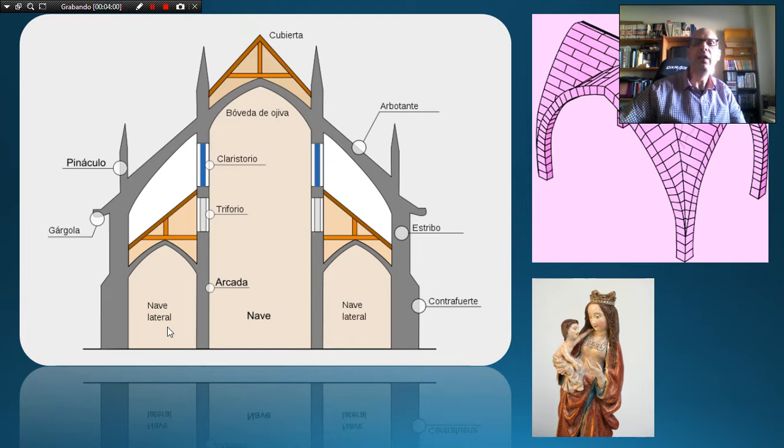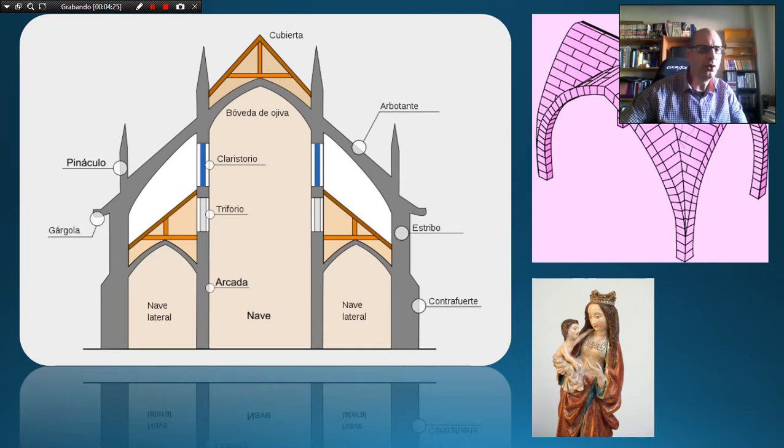That's the idea. The typical arch that they are going to use is the Gothic arch. You can call it like this, Gothic arch. It's like a pointed arch. And the typical vault that we are going to find inside these places is this.